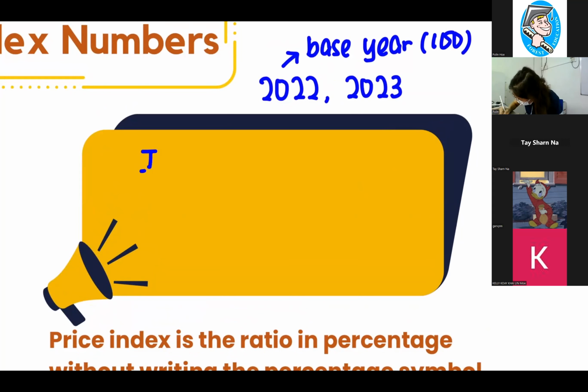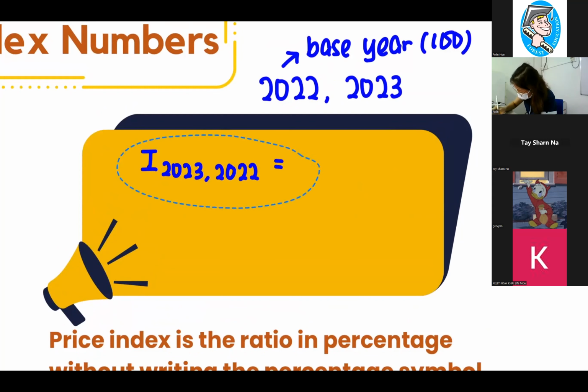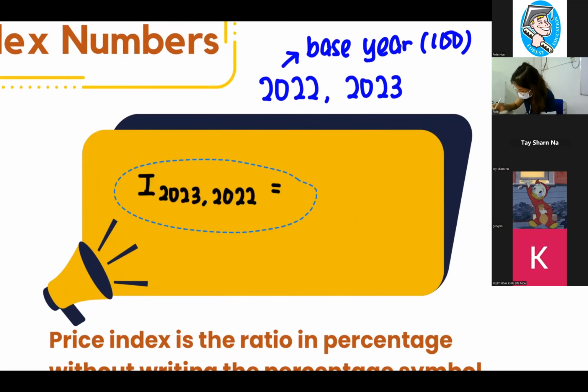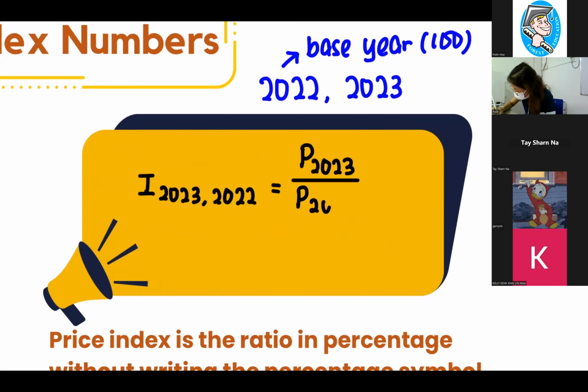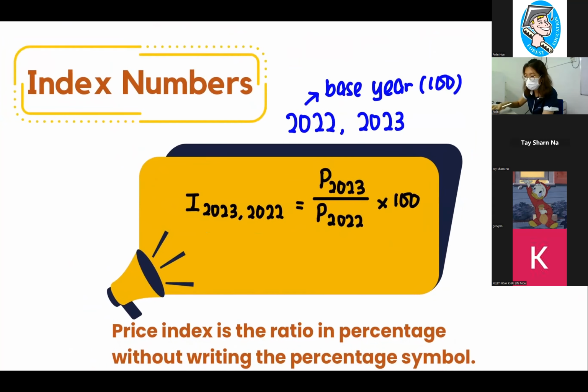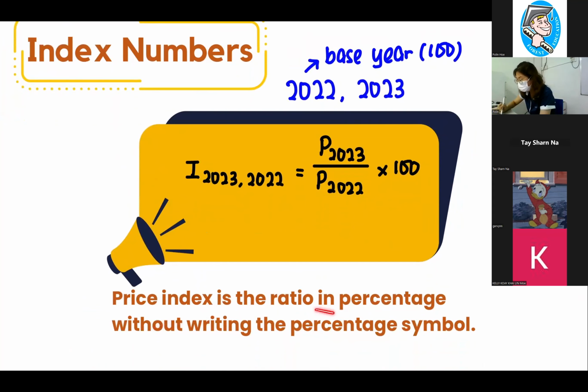So how we write? We write I 2023 over 2022. 我在做 revision 哈。Then maybe for item A is equals to the price of item A in 2023 based on the price of item A in 2022 and multiply by 100. 再一次强调 price index or anything index number is the ratio in percentage without writing the percentage symbol.